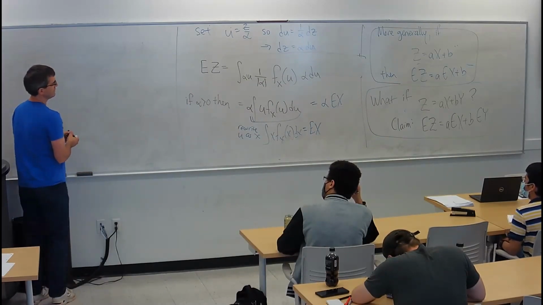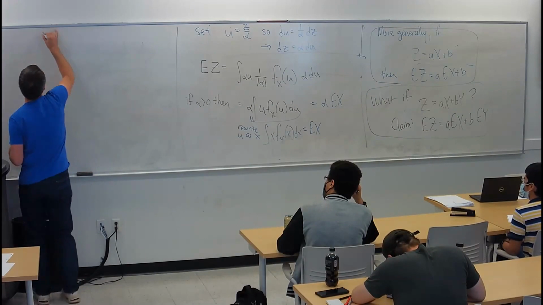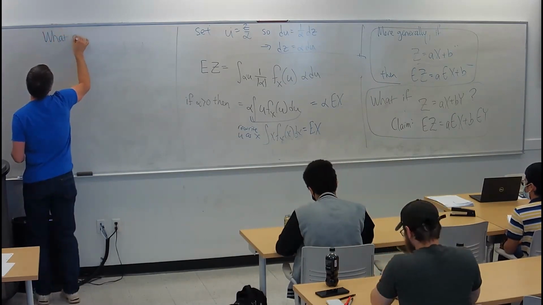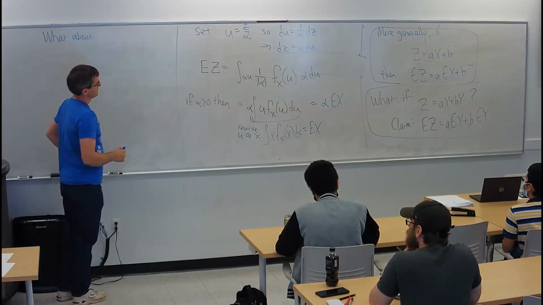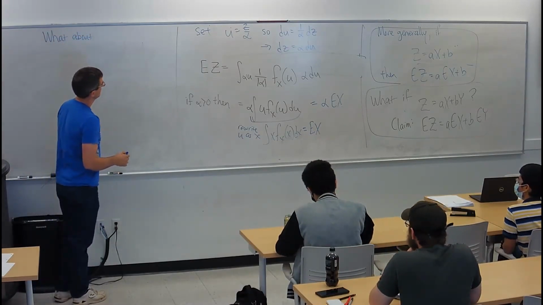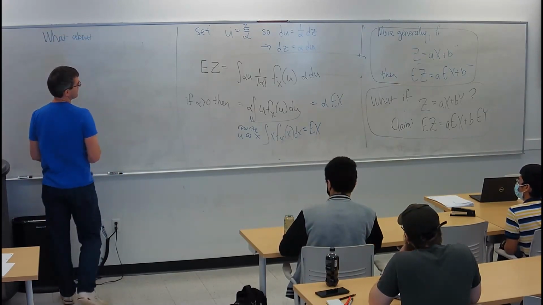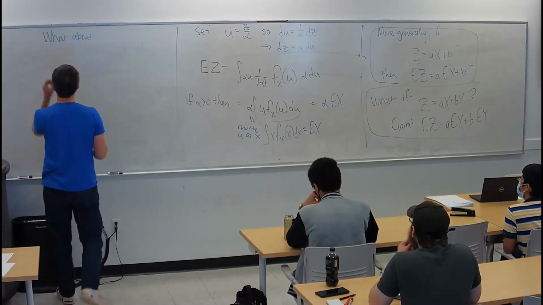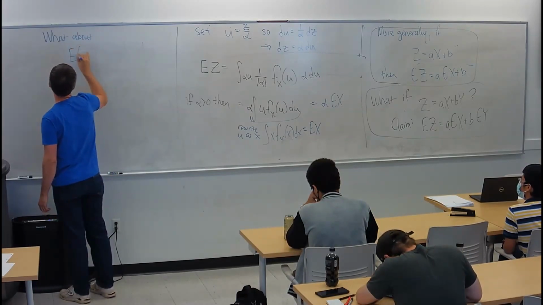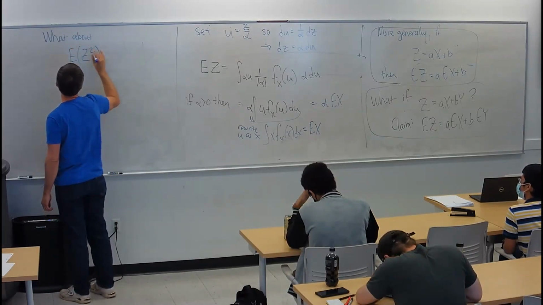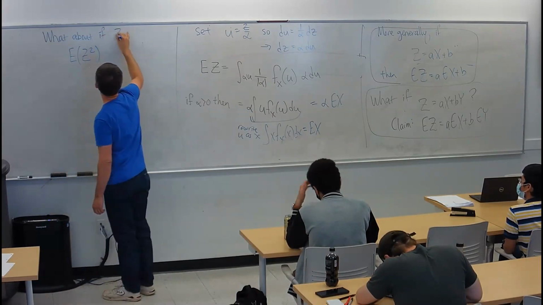What about if we have variance? Rather than jumping straight to variance, let's look at expectation of squares. We'll start with the same starting point.